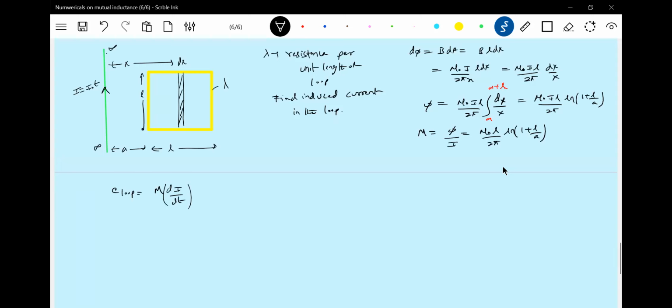Di by dt is the rate of change of current in the wire. According to this, M is mu naught L by 2 pi log of 1 plus L by A, and di by dt is I naught.